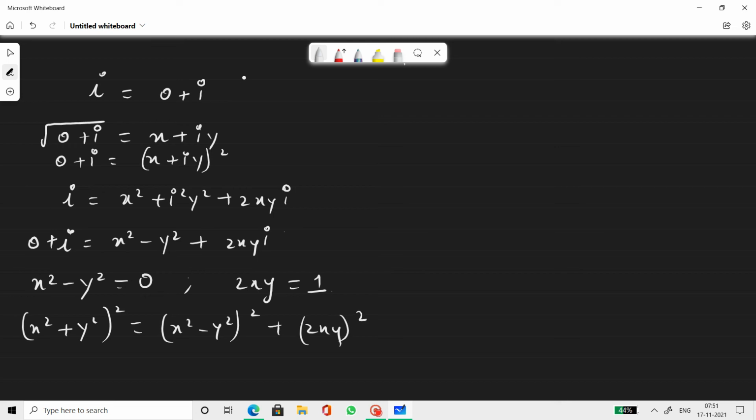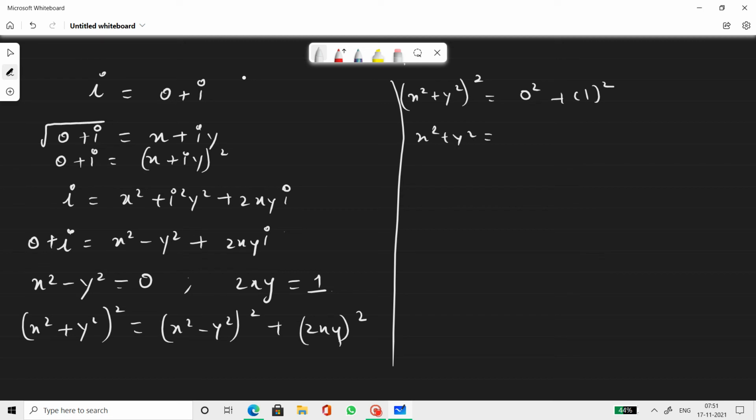Now using that, we get (x square plus y square) the whole square equals 0 square plus 1 square. And that means x square plus y square equals 1.